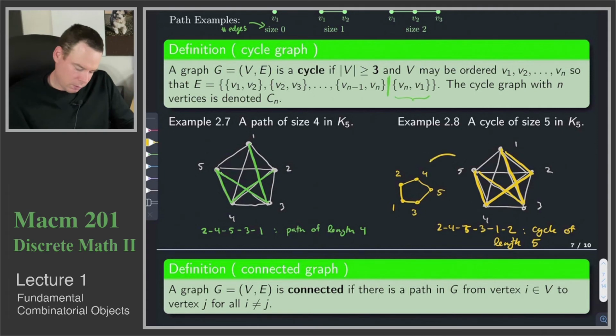So there is our redrawn version, and now it looks like a cycle. It just goes around the vertices and comes back to where it started. Whereas in the earlier example, we had 2 goes to 4, goes to 5, goes to 3, goes to 1. So there's another diagram for that path.